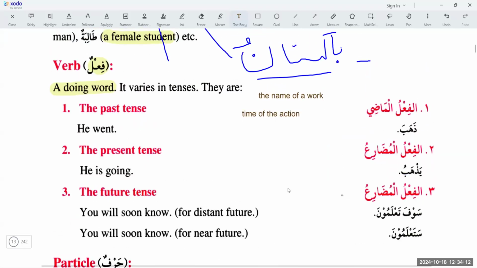If there is no time in the verb, then we cannot say it is a verb. A doing word varies in the tenses.